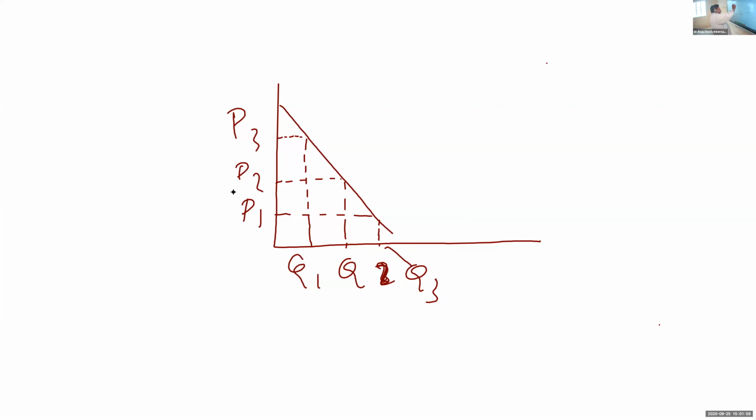Okay. So when the price decreases, the quantity demanded will increase, and when the price increases, it decreases. So this particular situation is called ceteris paribus.